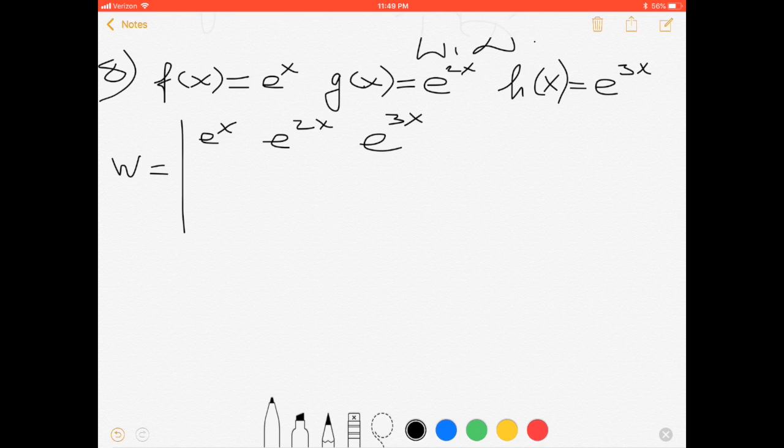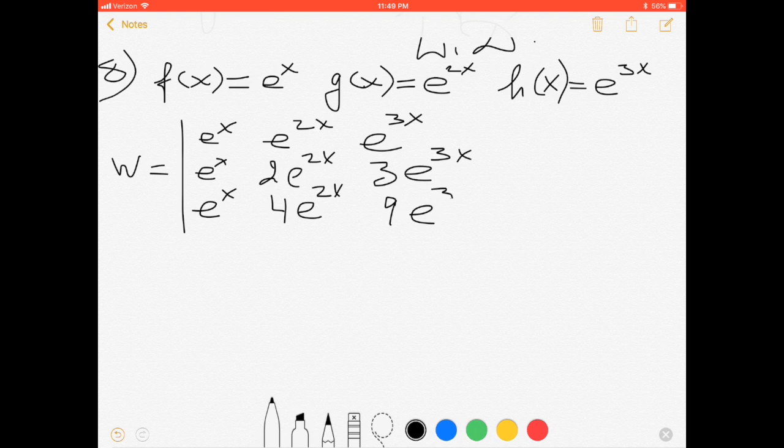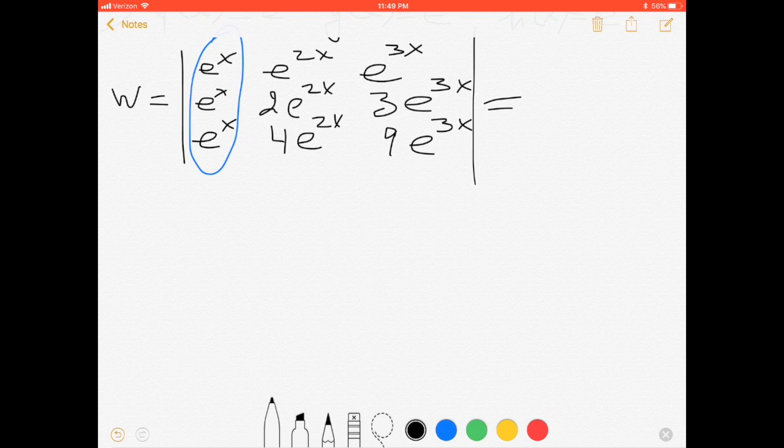The second row will be the first derivatives of your functions. And the third row will be the second derivatives of your functions. Here, if you remember a little bit of linear algebra class, I fix my first column because it's always e to the x, and using this fact I can rewrite my determinant this way.